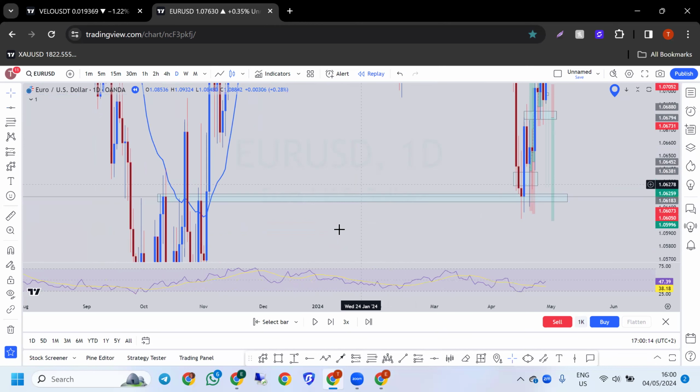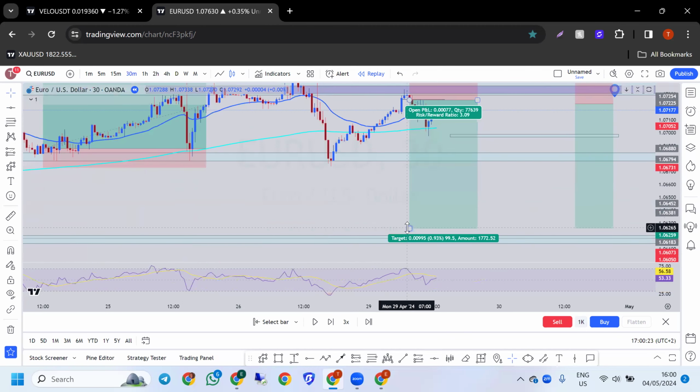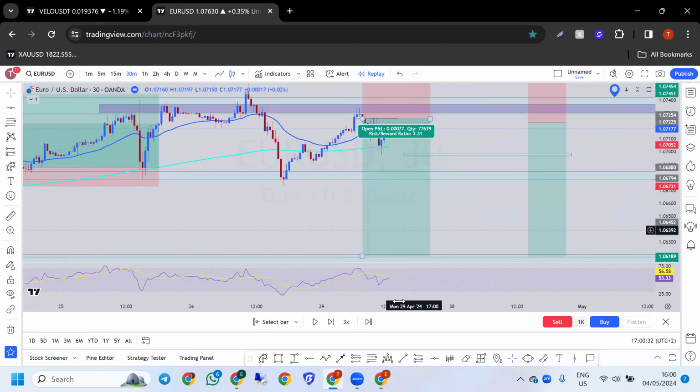This is where I put my take profits, if I'm not mistaken. So let me just keep it there. I like using zones where market will react to take my profit.